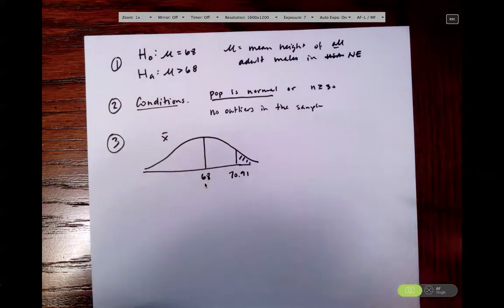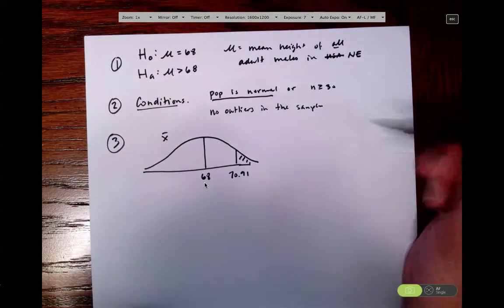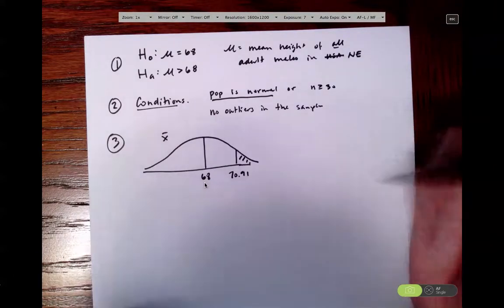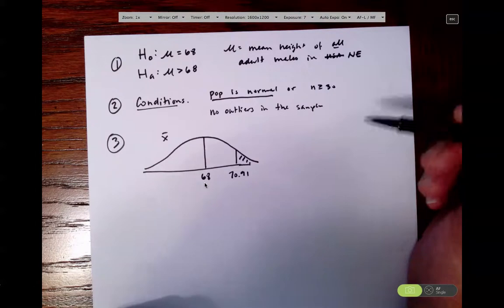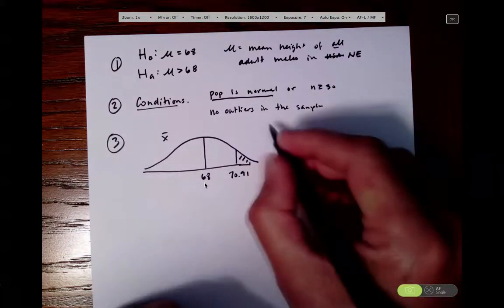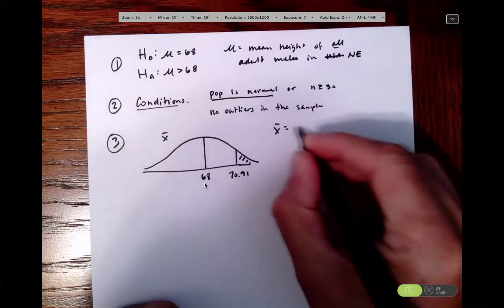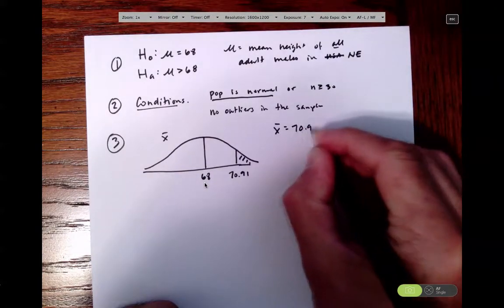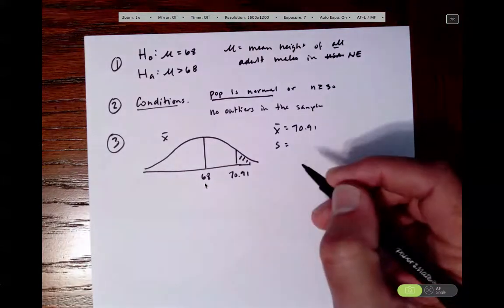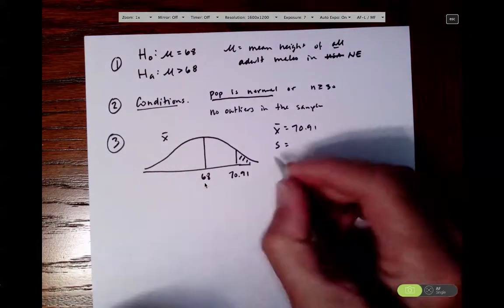The problem here is, again, I can't use the central limit theorem directly because I don't know what sigma is. The only thing I have is the standard deviation of the sample, and we found that our sample mean was 70.91, and we found that our standard deviation was 4.55.